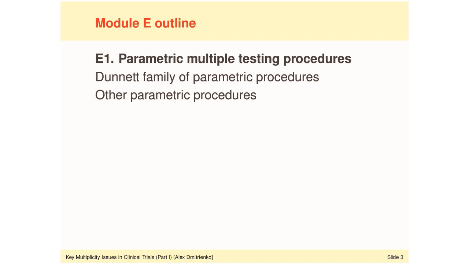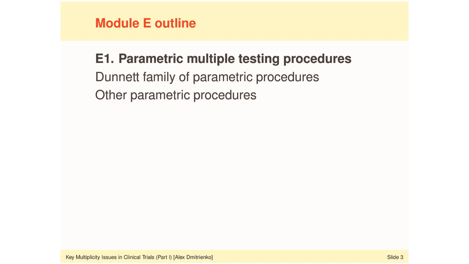Also, I've made multiple references to the FDA's draft guidance on multiple endpoints in clinical trials throughout this online training course, and I would like to mention here that parametric procedures are not discussed in this guidance. But what we need to realize, of course, is that multiplicity problems arising in the analysis of multiple endpoints are not different at all from problems that arise in other settings, which includes the setting of multiple dose placebo comparisons as an example 4, or multiplicity problems arising in multi-population trials as an example 5.